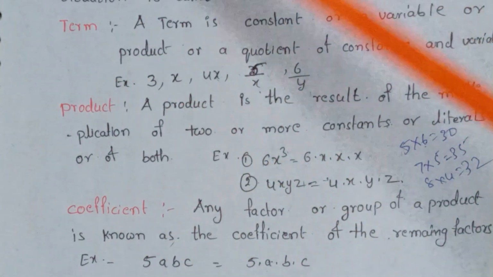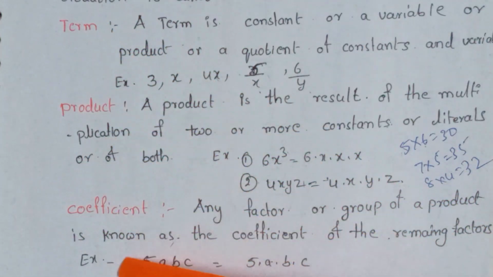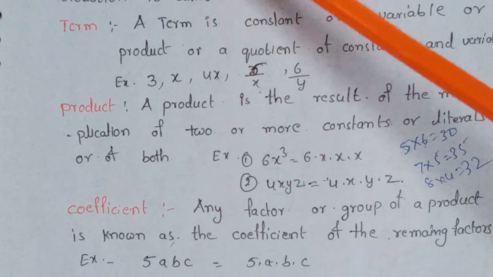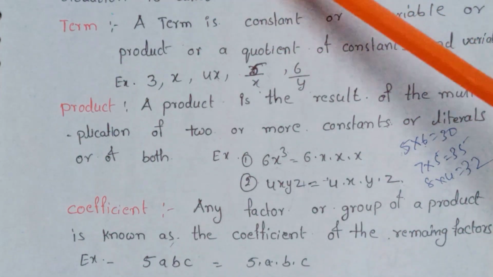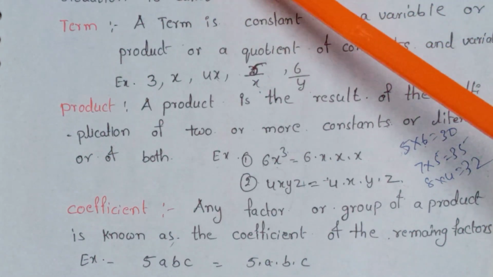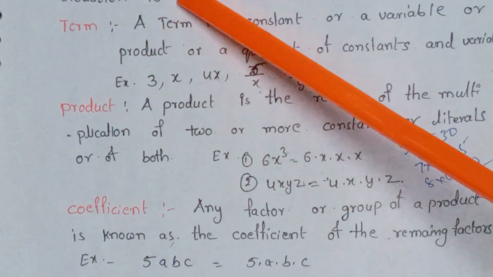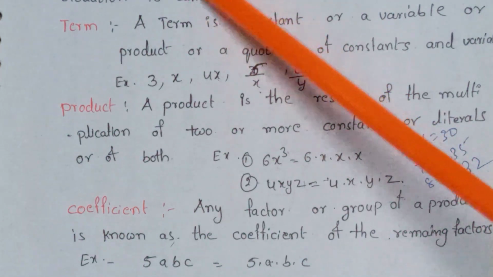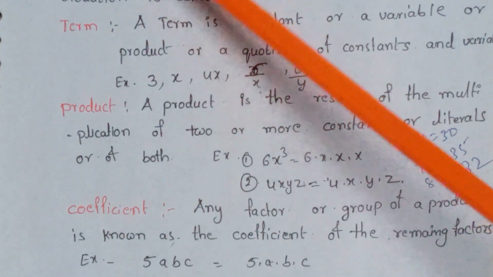Now we learnt about constant, variable, term, product, coefficient. What is a constant? Constants are numbers, like 5, 6, 7, 3 by 2, 4 by 8, 9 by 6. These are constants, no change; their value never changes in any situation. Variables always change with the situation; in different situations, different values are given to the variables.